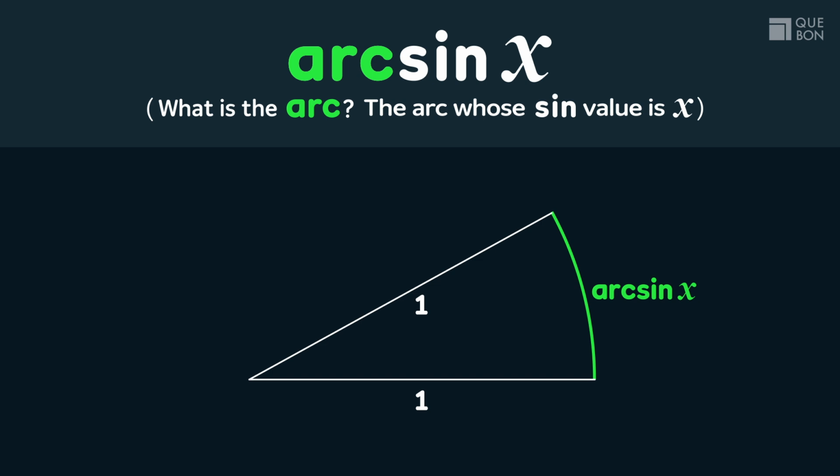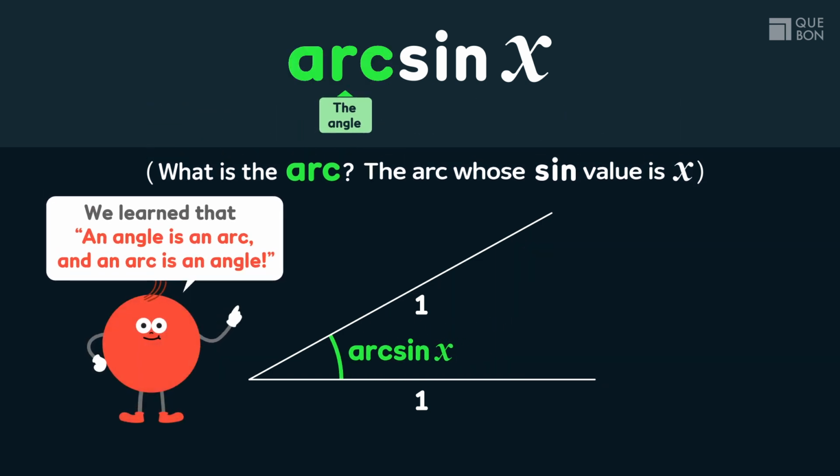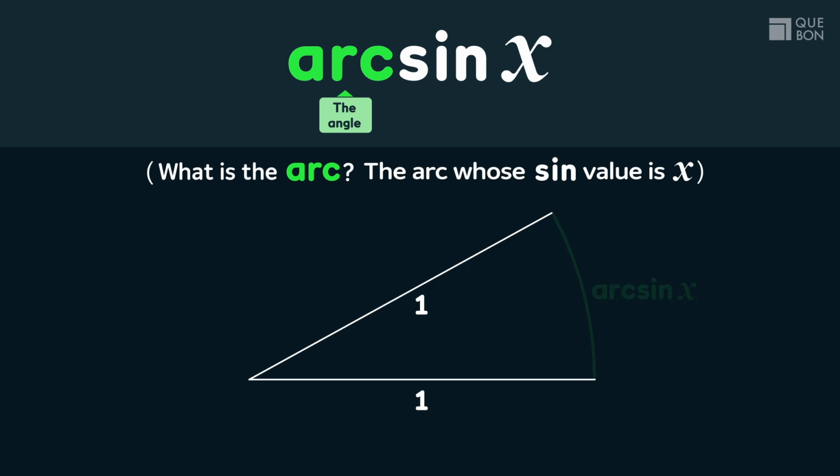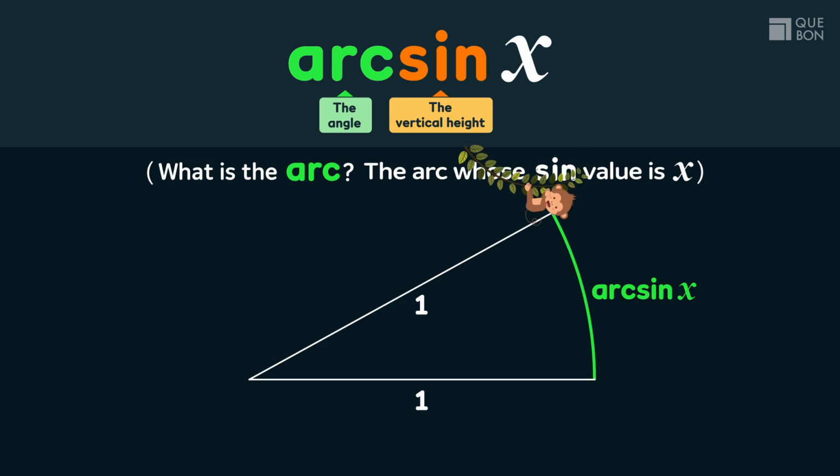Here, the arc actually represents an angle, because we agreed that the size of an angle can be measured by its arc length. The sine of this arc, that is, of this angle, is the vertical height. That orange line you see, that's the sine value x. You can see both x and the arc moving together.